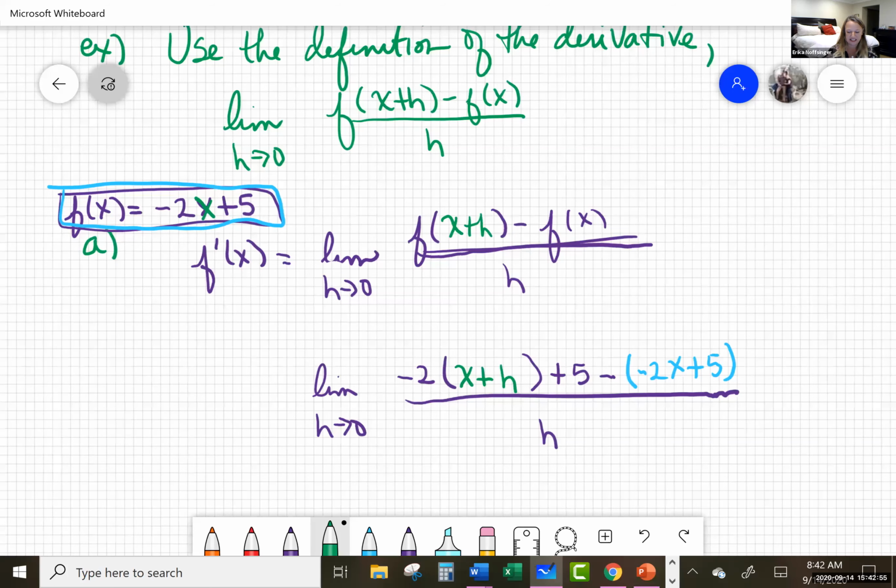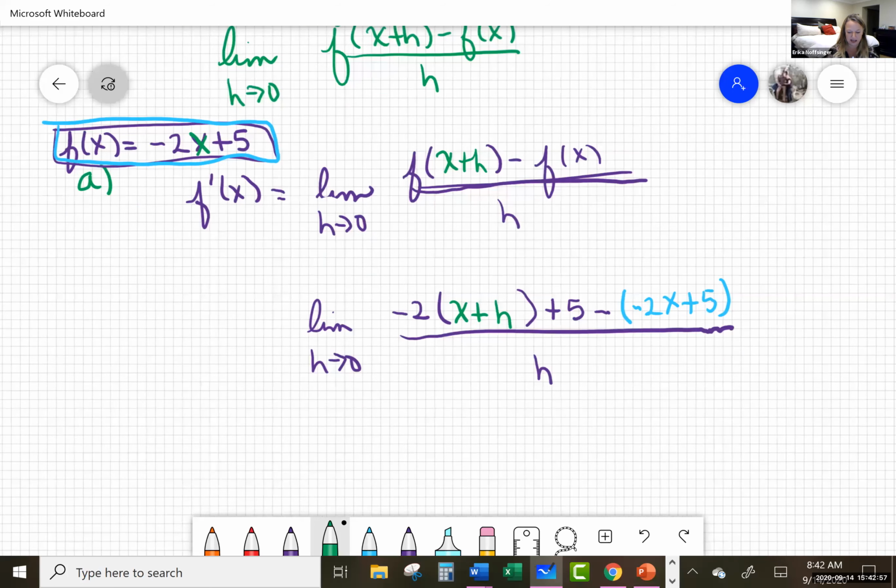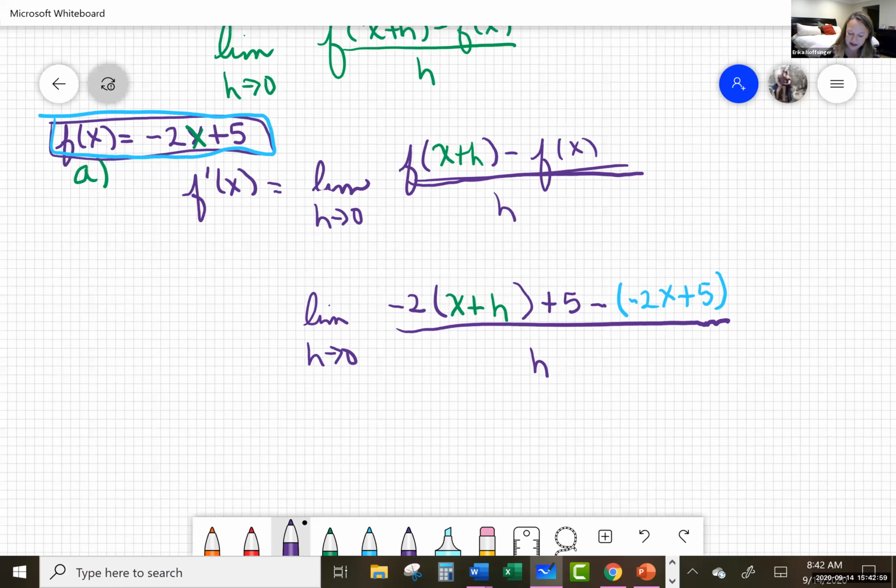So we're just going to clean it up by distributing. Because we haven't taken the limit yet, we're just going to bring it down until we plug in that 0 wherever we see an h. And let's distribute this negative 2 to each term inside the parentheses x plus h. And so if we do that, we get negative 2x minus 2h.